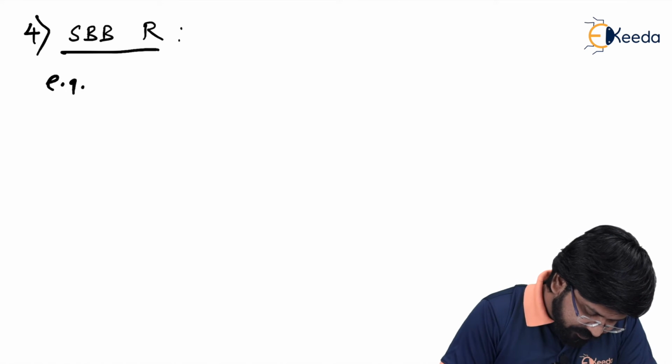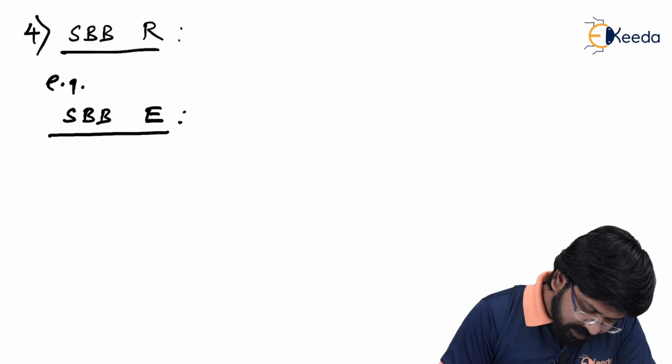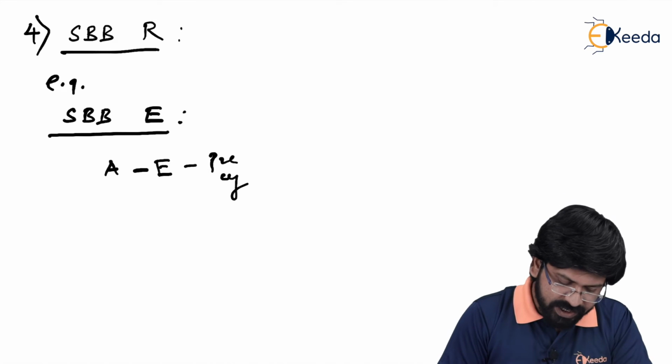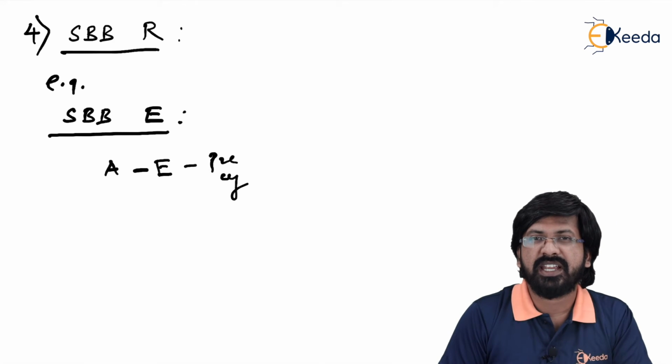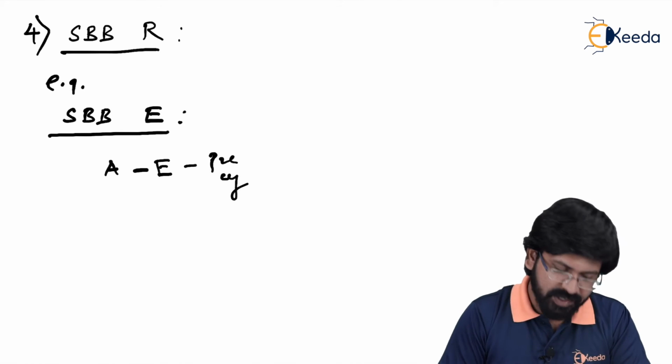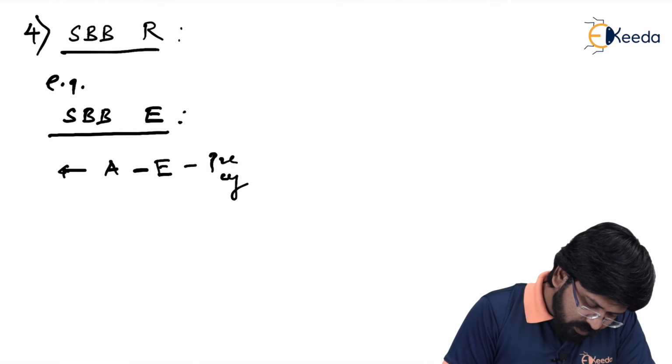For example, if I write SBB E, it means it subtracts E from A along with the previous carry. Here the carry should be treated as a borrow. That's the reason why, even though it is a previous carry, I'm not adding it, I'm subtracting it, because in subtraction only subtraction happens, right? So the result goes to, of course, A.